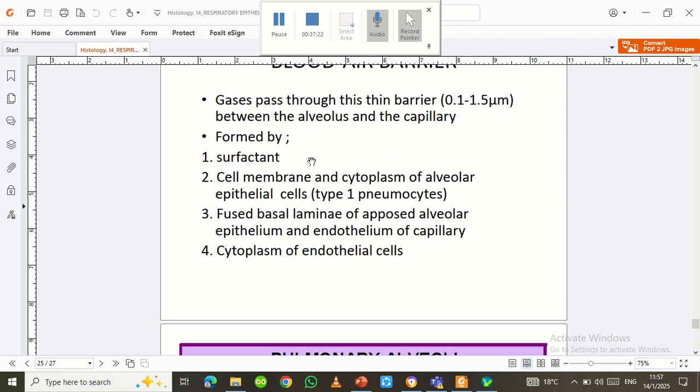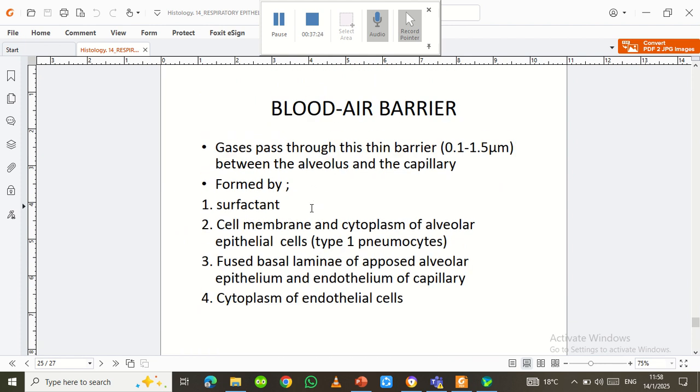Right. So lastly, as we finish, let's talk about the blood-air barrier. This is a site where gaseous exchange takes place, and it is about 0.1 to 1.5 micrometer. It's very thin, but it's formed by four features.